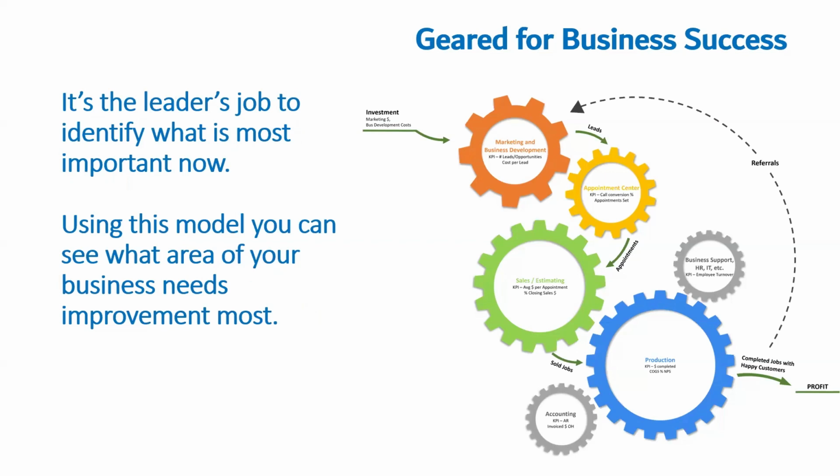It's the leader's job to identify what is the most important thing right now. And using this model can help you clearly see what area of your business needs improvement most. This helps you identify what's important, what needs your attention, and maybe some additional resources to keep it from slowing down the whole machine.